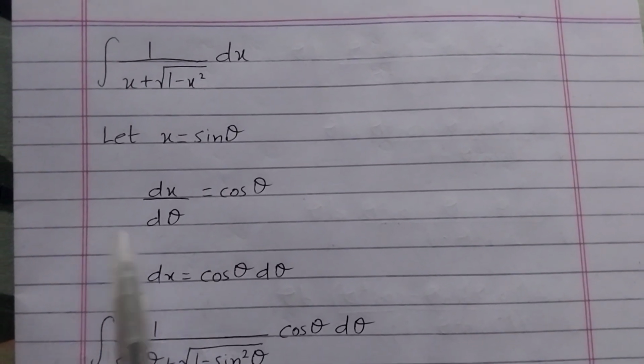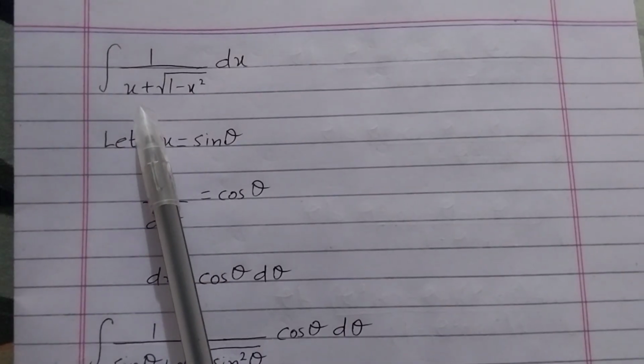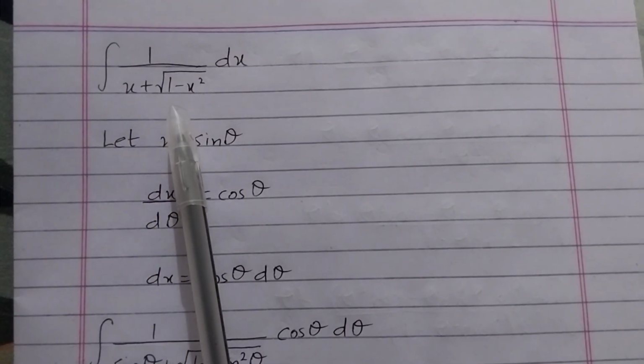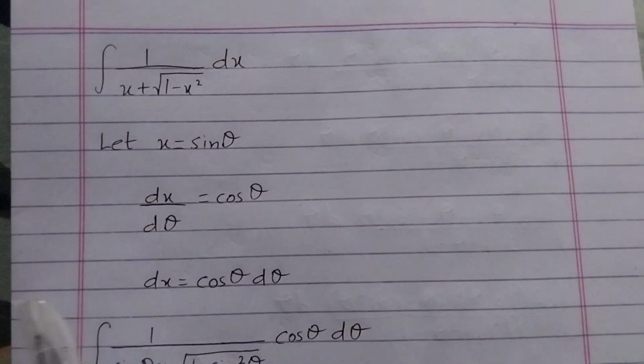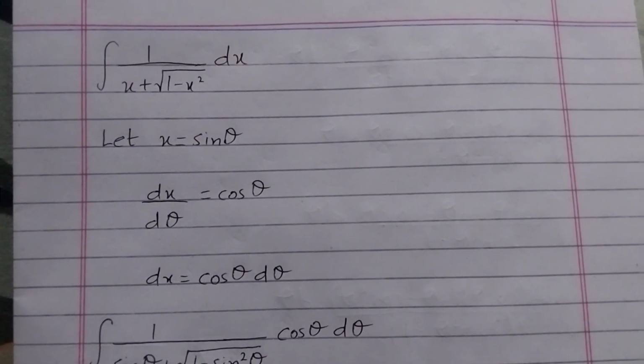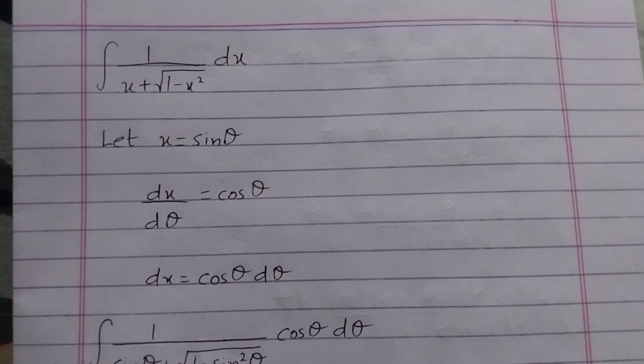Today we are going to integrate this expression, 1 over x plus square root of 1 minus x square, with respect to x. When we look at this expression, we see square root of 1 minus x square, which is the problematic part.